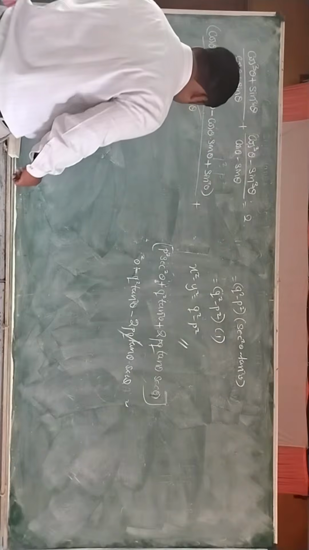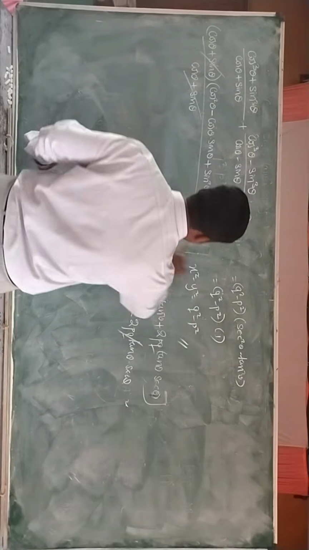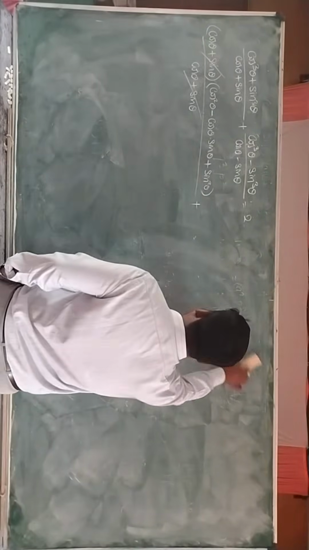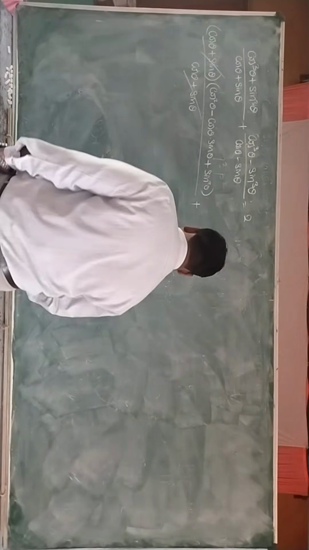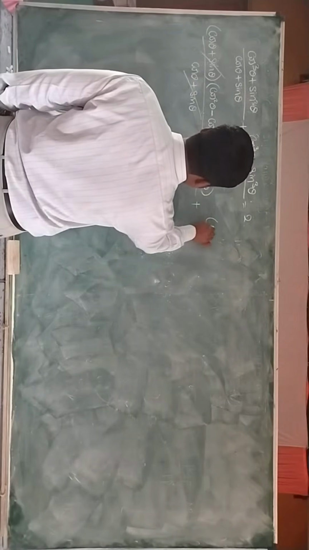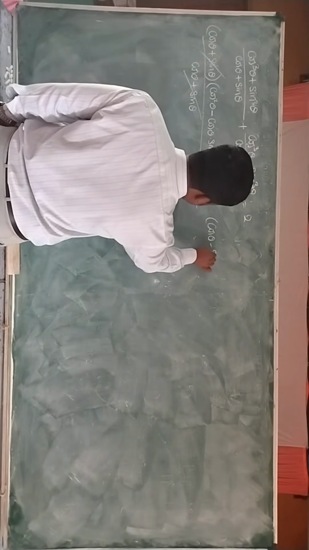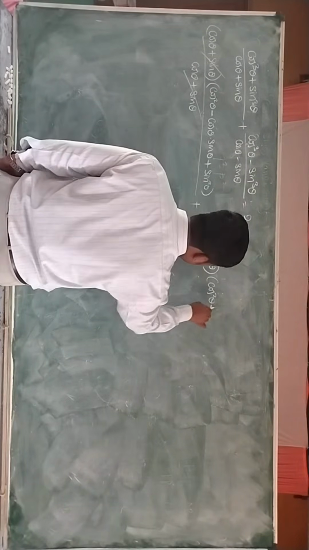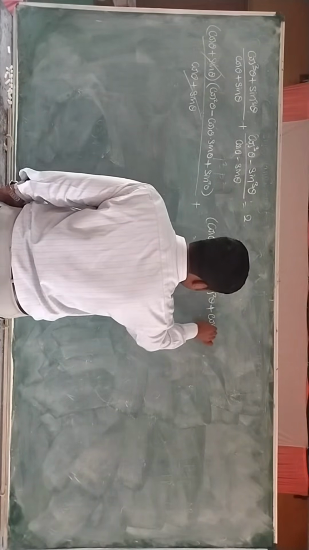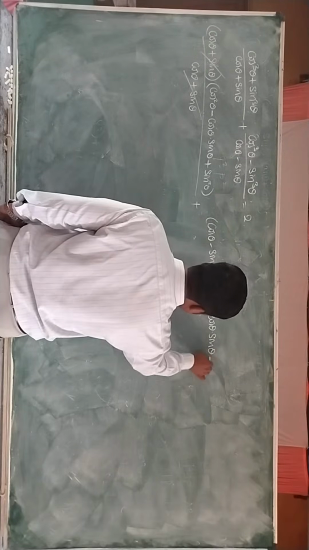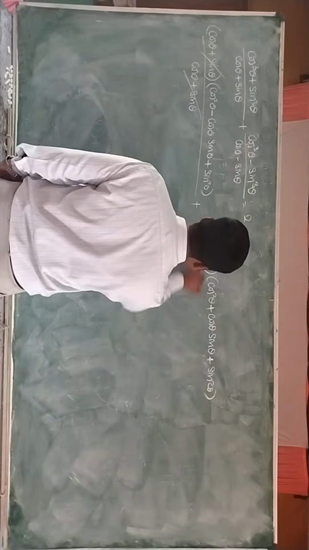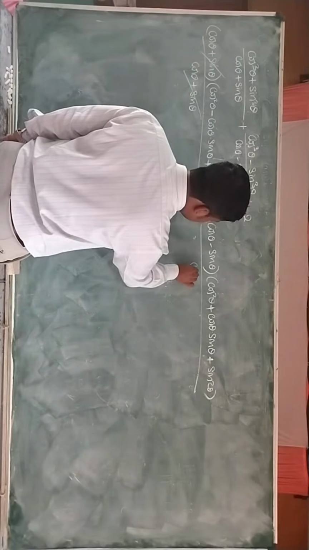Plus, using the a cube minus b cube identity, a minus b, that is cos theta minus sin theta, into a square plus ab plus b square, divided by cos theta minus sin theta.